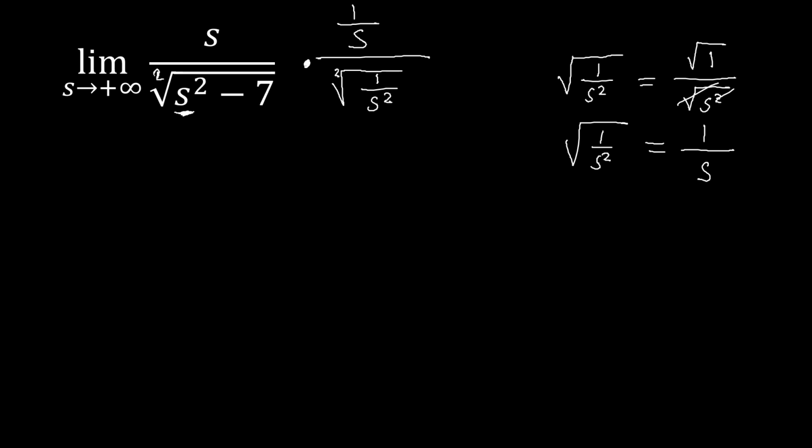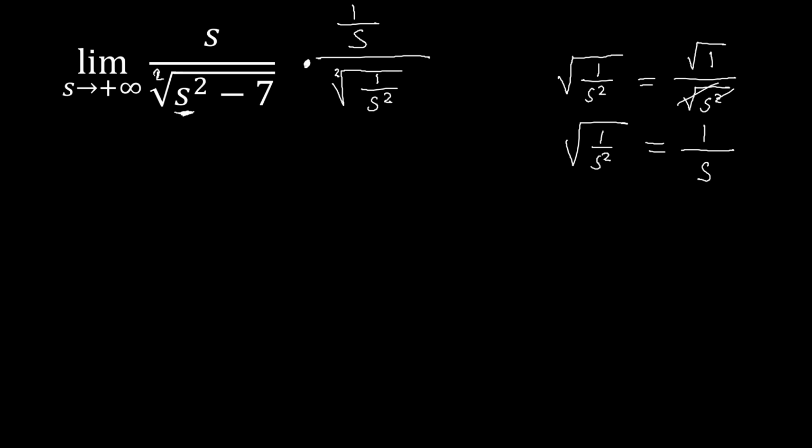So if they have the same index, we can simply let this one inside the radical symbol, so we can now multiply. But if you don't have the radical symbol, we cannot actually let that in the radical.